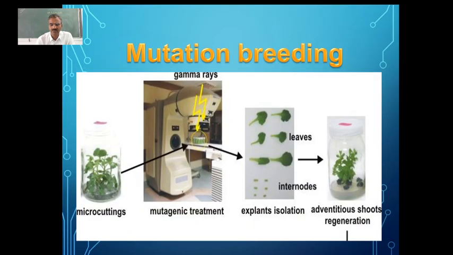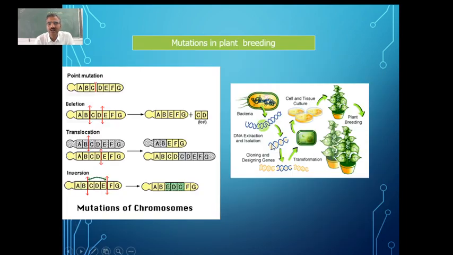And here, one minute, you can see this gene is going to be altered by using the mutagens, and that can be cloned, and thereby they culture it and develop it with the help of tissue culture, which is a form of vegetative propagation.